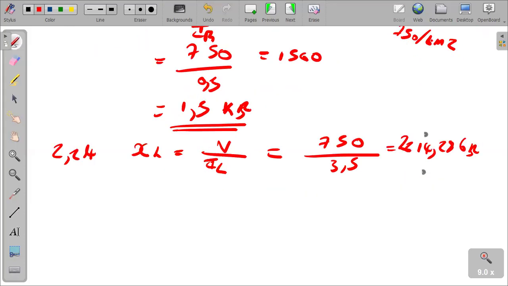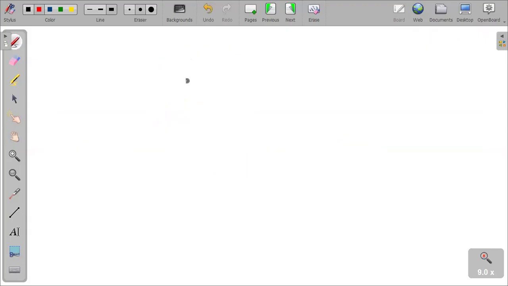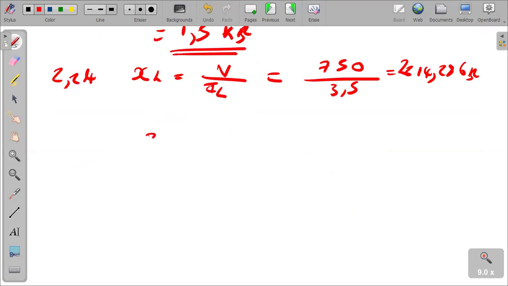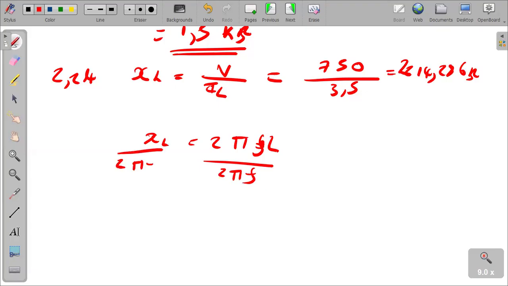Now, immediately after getting XL, we can use it to find L. So we are saying XL is equal to 2 pi f L. Making L the subject, it means we can divide by 2 pi f. So we now have L is equal to XL over 2 pi f. So what is our XL?